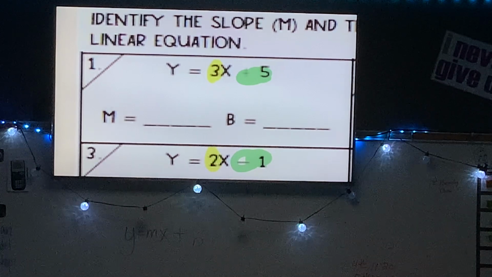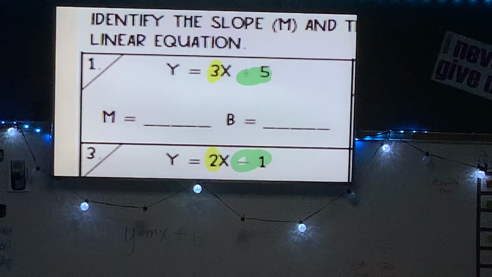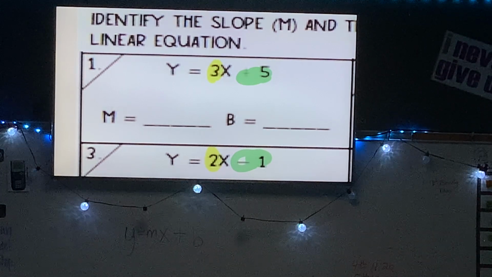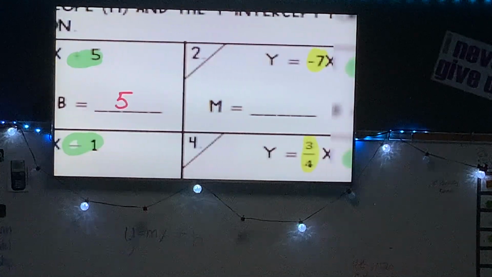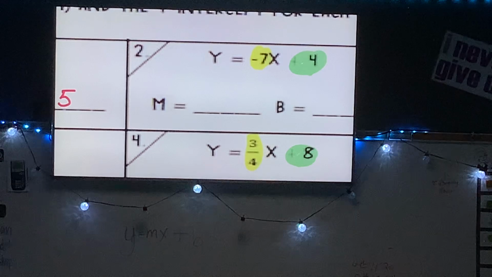So now I'm going to go back to a pen and I'm going to write my slope, which is the number in front of my X, and my M's. So I see a 3 is my slope on number 1. And on my B, my y-intercept, it is 5. So if I look at number 2, I see in front of my X, it is -7.